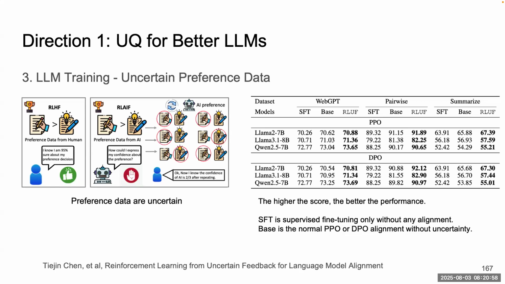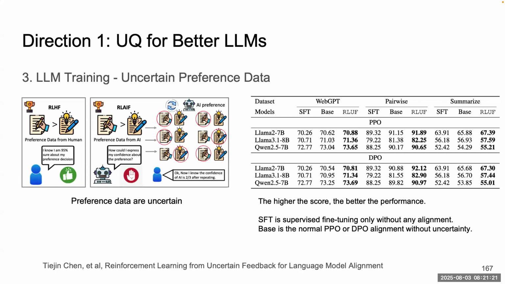The current preference data we use is either I prefer this one over that one, that's either 1 or 0, right? But human preference should have some uncertainty. Maybe I'm 60% preferring this one because I'm not sure. How to incorporate that uncertainty into your model is what this paper is doing.